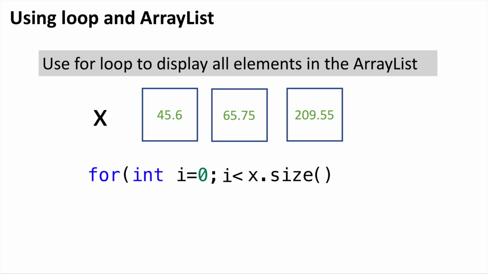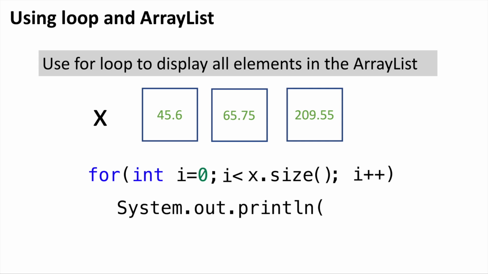You cannot use square brackets, but you need these two brackets. Then incrementing i by 1. And then you just use get and provide i, which will change from 0 up to the size. So that's one way to do it.